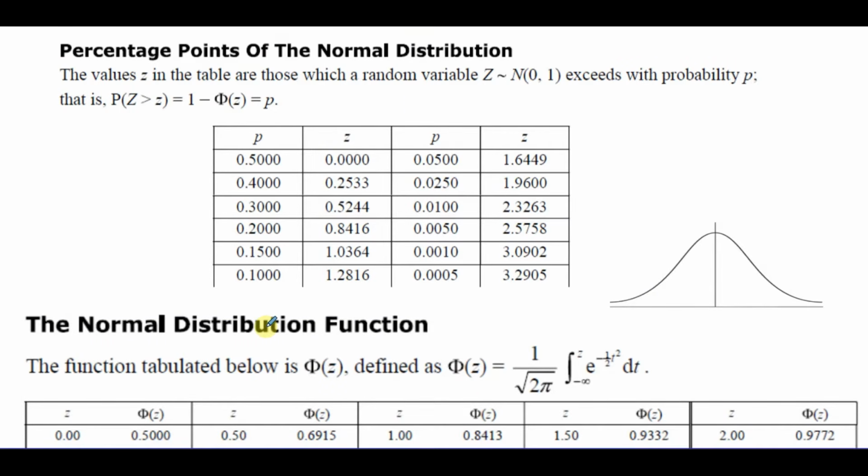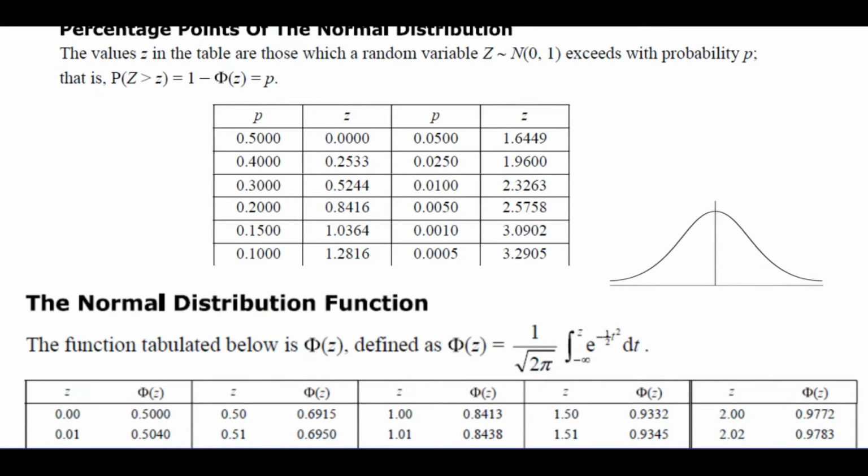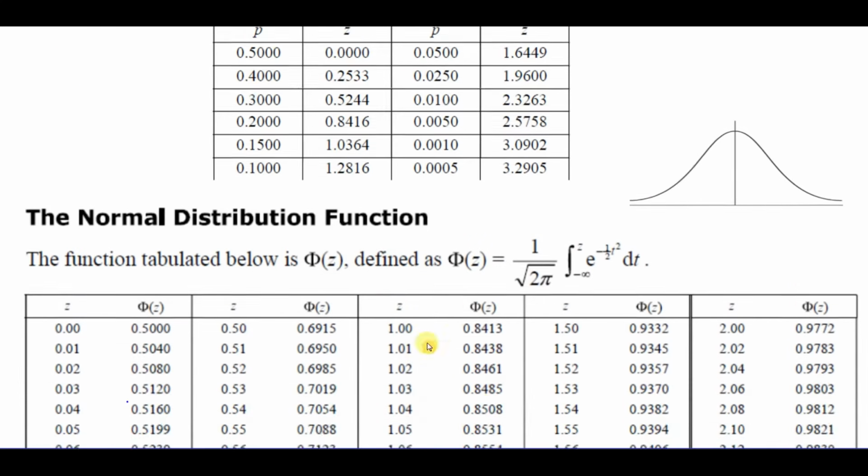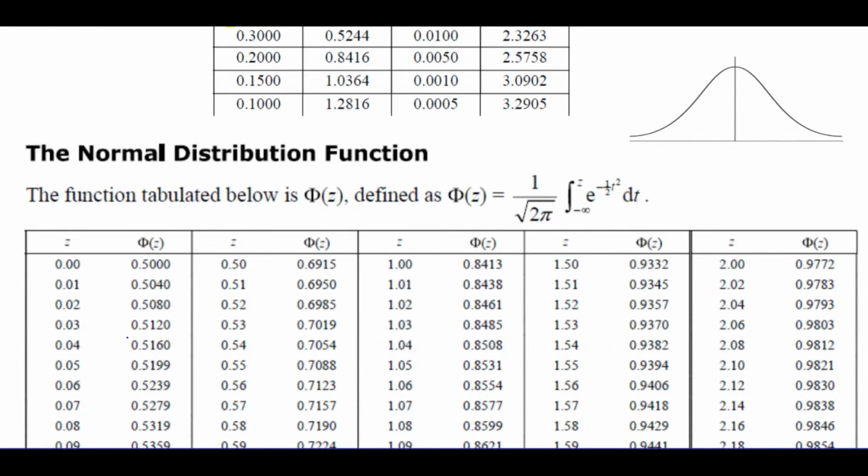If this is our normal distribution, the table that we're looking at is such that if we go to the Z value of 1.2, these are the Z values. As you notice, they're all positive. They start from 0 and go further up. The area given here is the area to the left of the Z value.